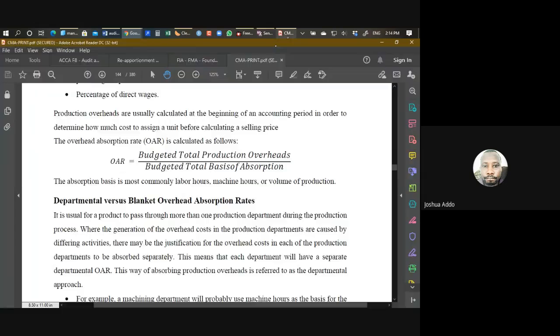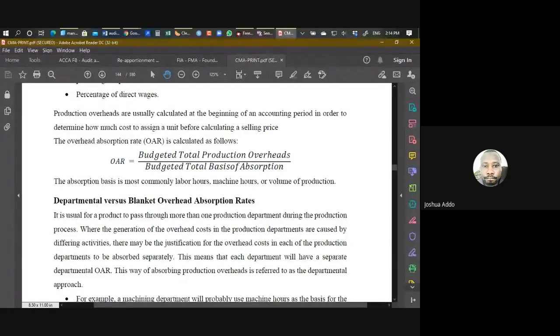So let me show you something from your textbook. You are seeing this thing, OAR, overhead absorption rate. So that's the formula. I'm assuming we are dealing with three products. Product A, if the basis is labor hours, for example, uses 1,000 labor hours to produce.